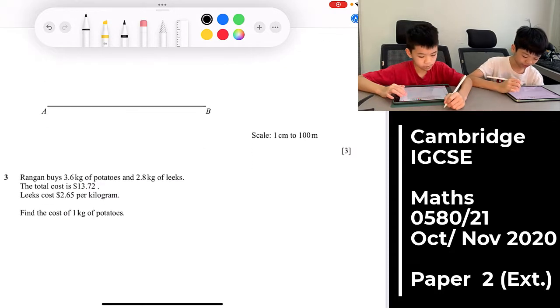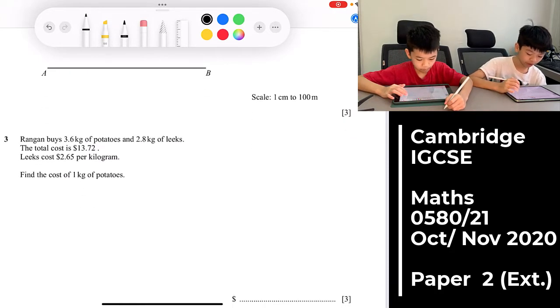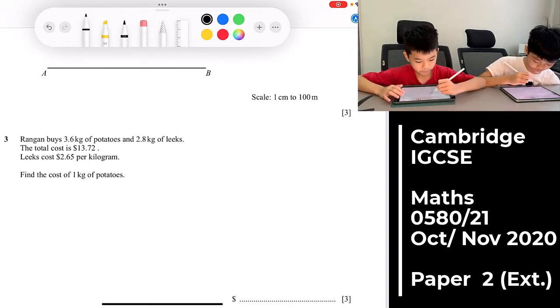Question 3. Find the cost of 1 kilogram of potatoes.